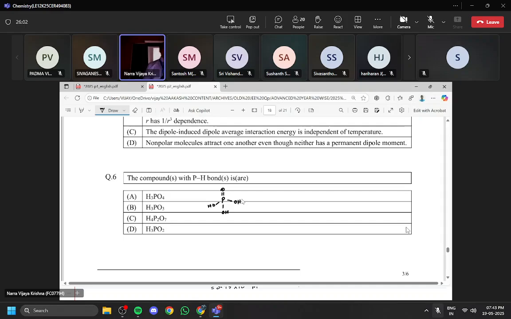H3PO3, one oxygen less. Check. Is it H3PO3 or not? 3 hydrogens, 3 oxygens. Correct? H3PO3 is phosphorus acid. I am going for the last one, H3PO2.